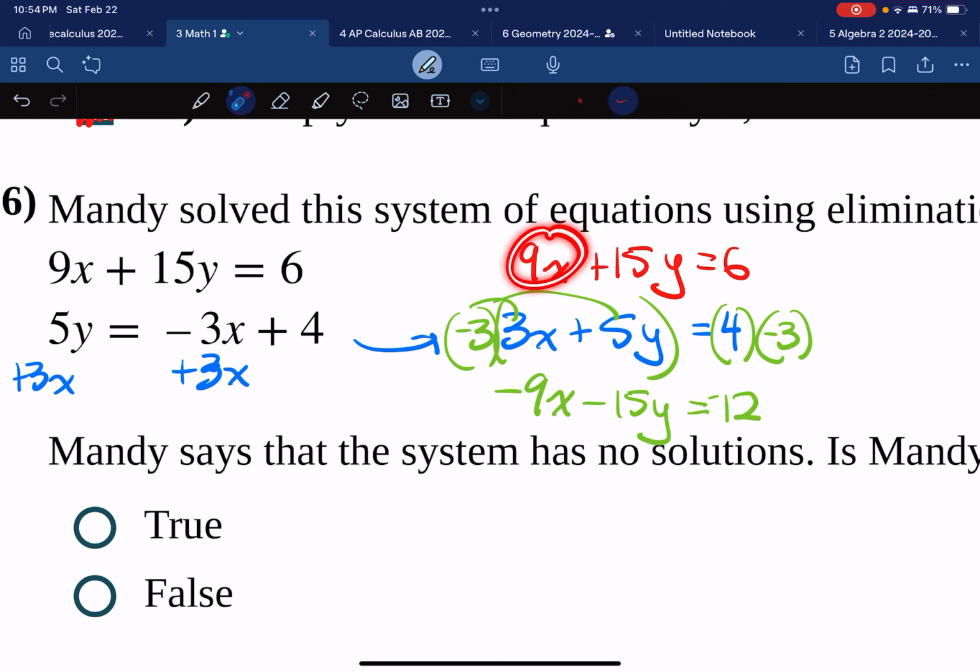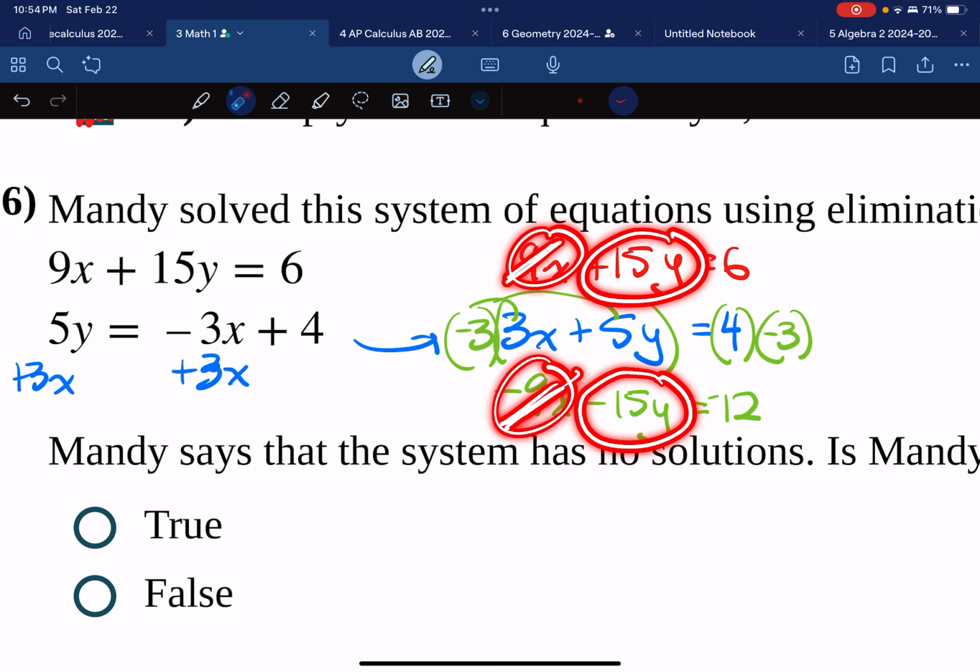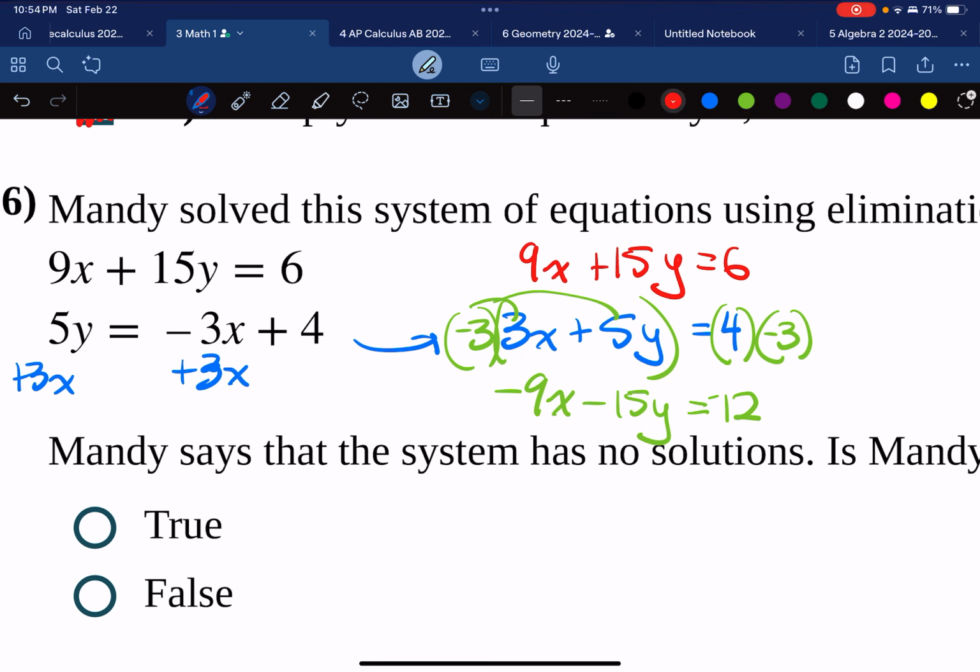And 9x and -9x will cancel out as planned. What's unplanned is 15y and -15y also cancel out, which means there's nothing on the left-hand side. When you say nothing, I'm really saying 0. And on the right-hand side, I have 6 and -12, which adds up to a -6.